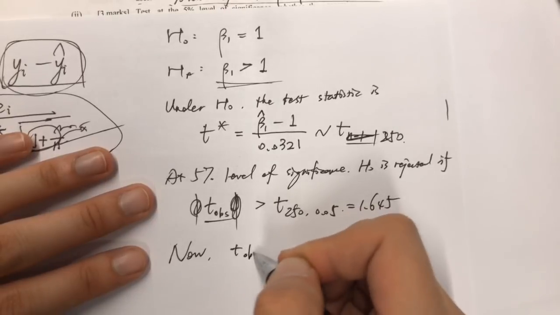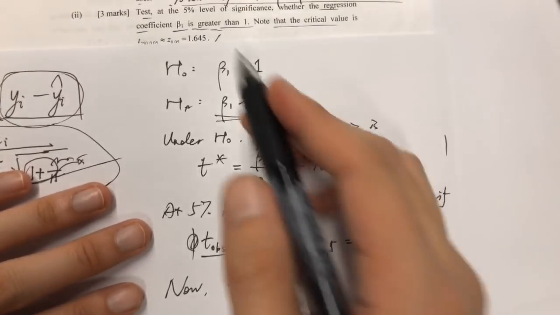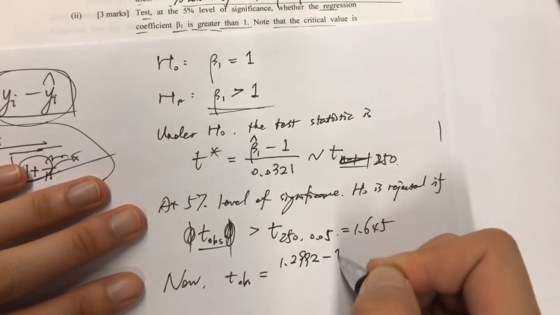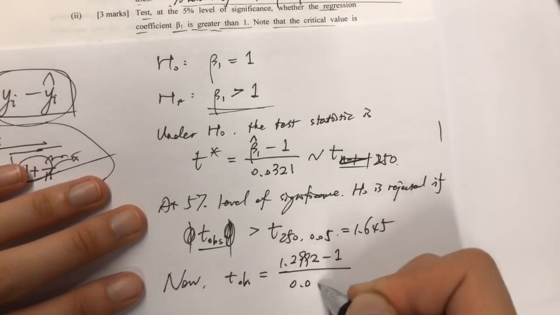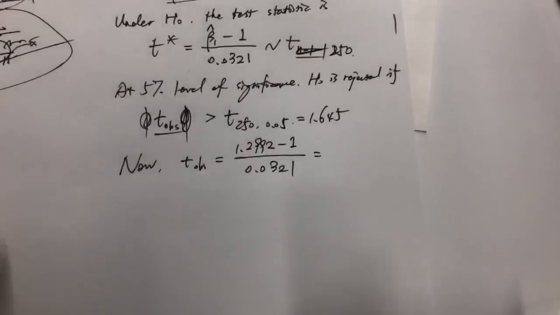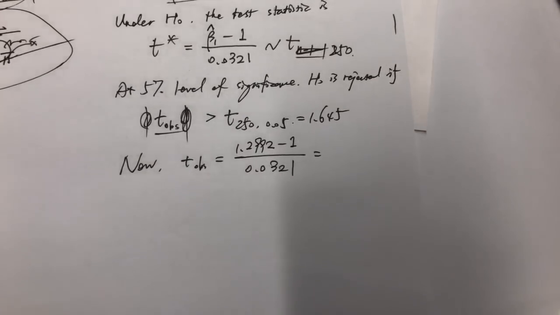The observed t value equals beta 1 hat, which is 1.2992, minus 1, divided by 0.0321. Let's quickly calculate it in your mind.